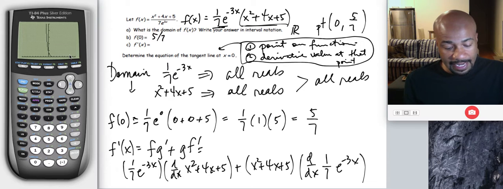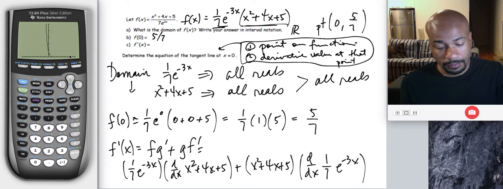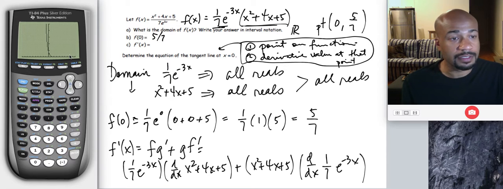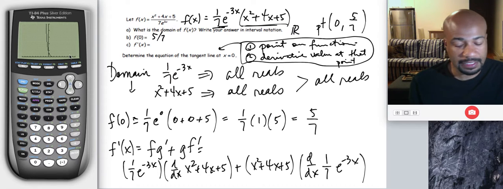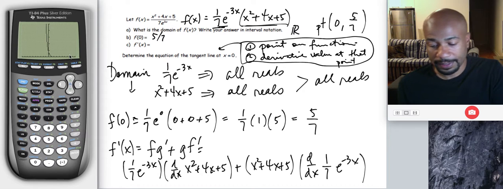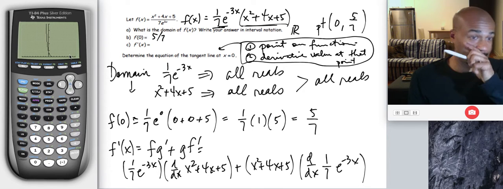So we already have part one, the first condition, from right here. Right, so we have this point. What we need to calculate now is the slope of the tangent line, and that comes from the derivative value at that point, x equals 0.